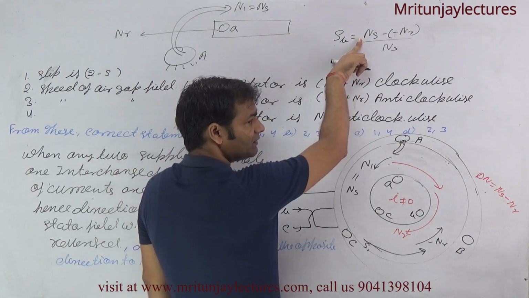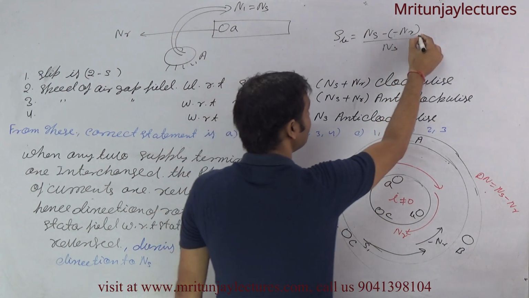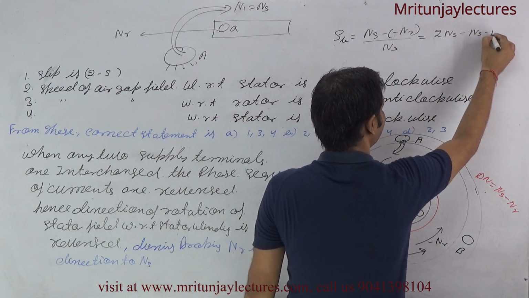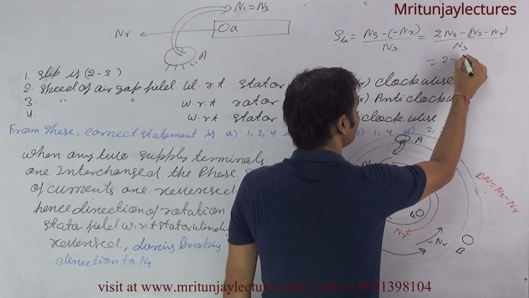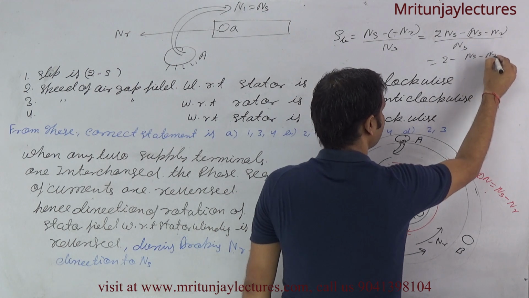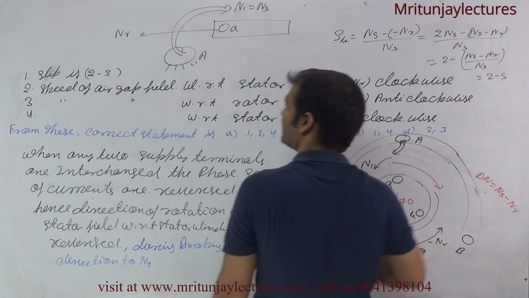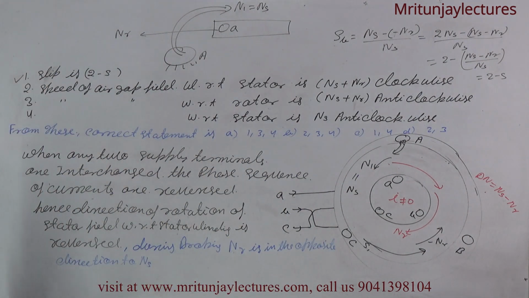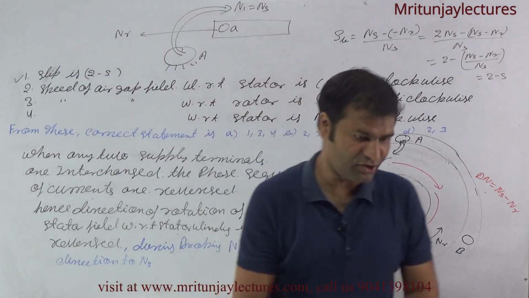So you know that it is NS minus NR divided by NS, but NR is minus, that's why you can say it is NS plus NR divided by NS, that is 1 plus (NS minus NR)/NS, that is 2 minus S. Clear? So the slip is 2 minus S. Clear? This type of slip is called braking slip.